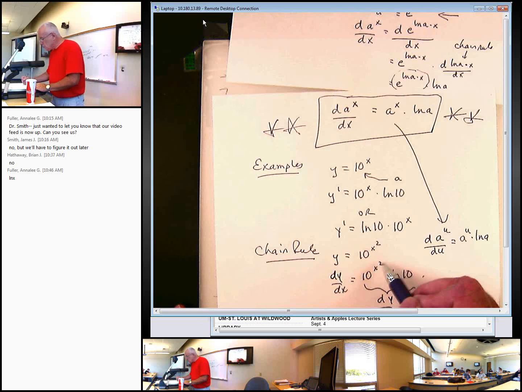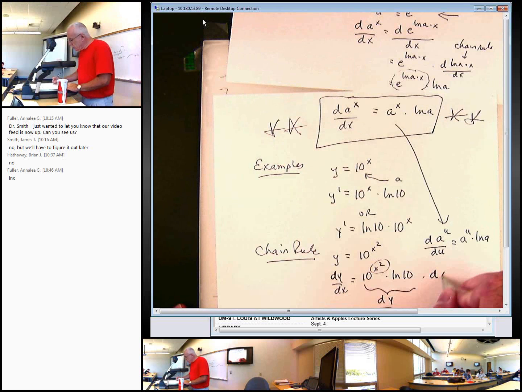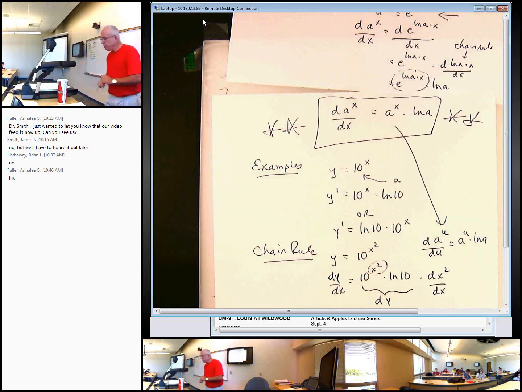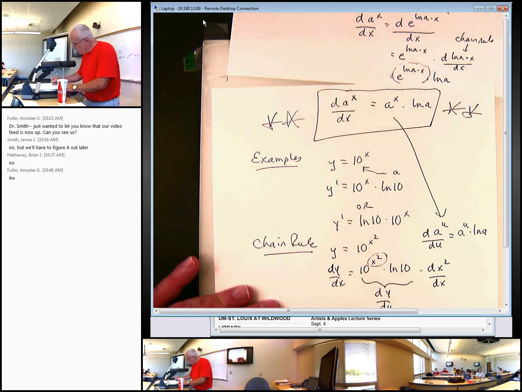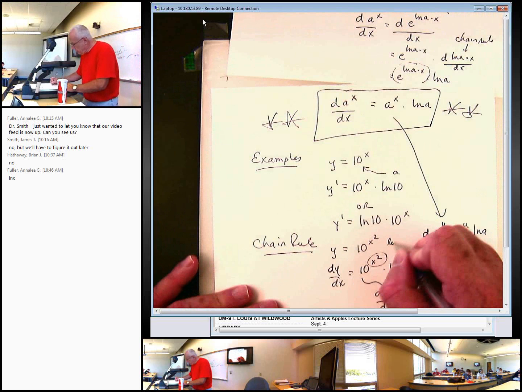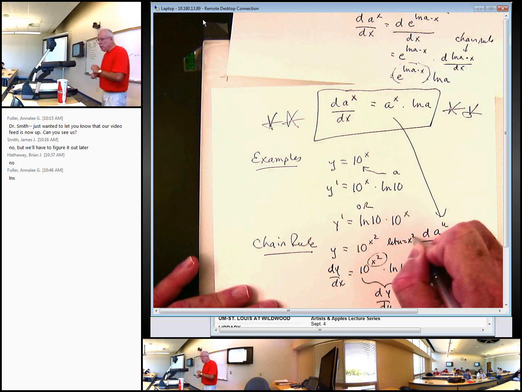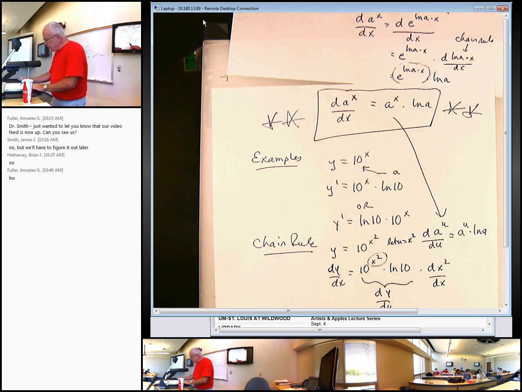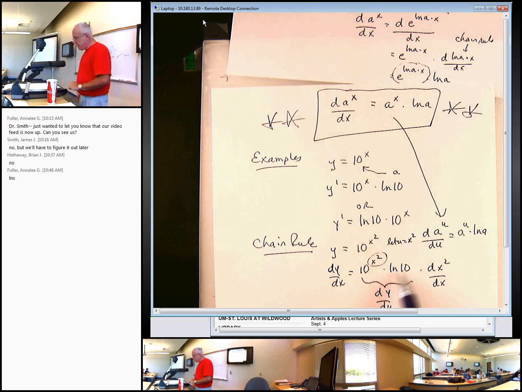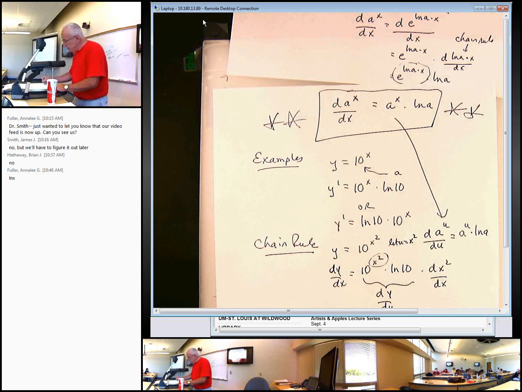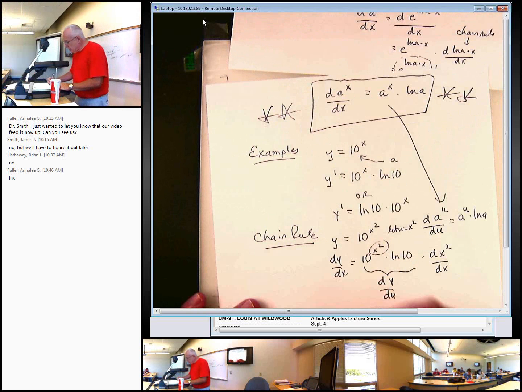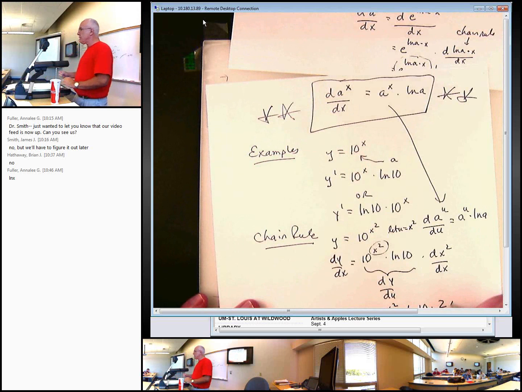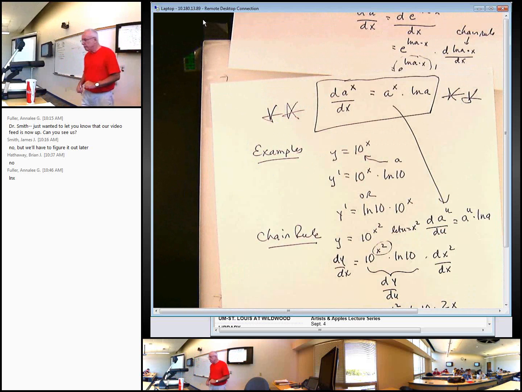I've got this x squared up here, so I have to then do the derivative of x squared dx. Here we're letting u equal x squared. So we have 10 to the u power times the ln of 10, but then completing the chain rule with the derivative of x squared, we get 10 to the x squared times the ln of 10, and then times 2x for our derivative.